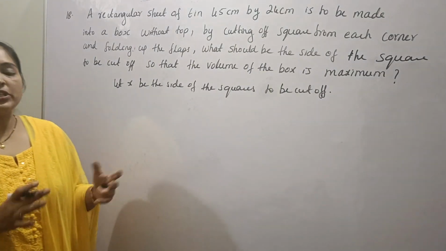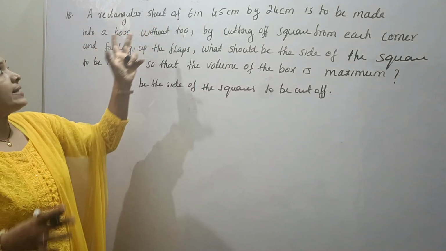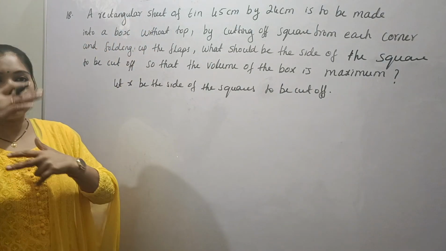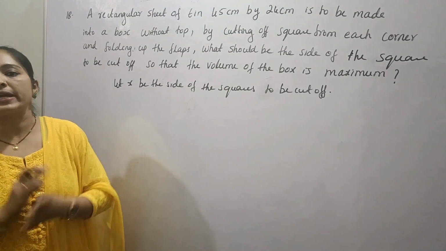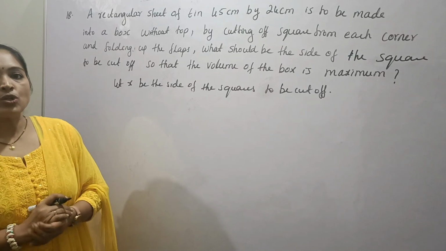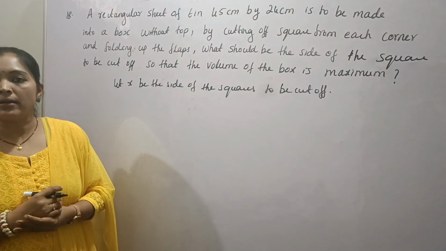Volume of the box. So first of all, let's write the dimensions of the box. See here, it is a rectangular sheet. Initially, two sides are 45 cm and two sides are 24 cm. Length is 45 and breadth 24. So after cutting off squares of side x, what is the dimension?